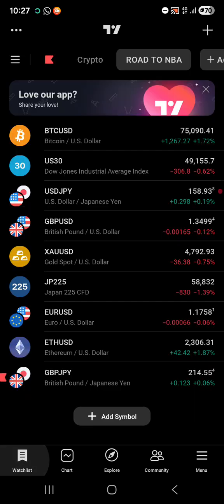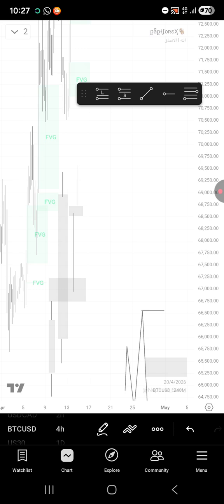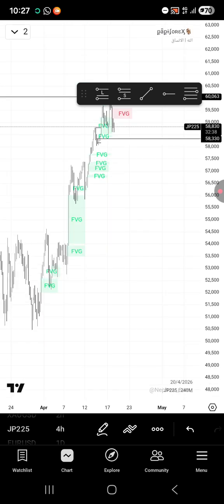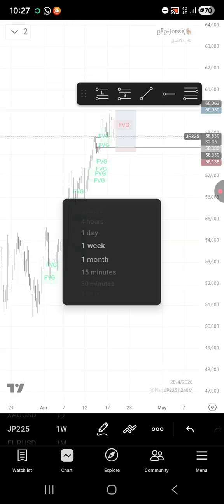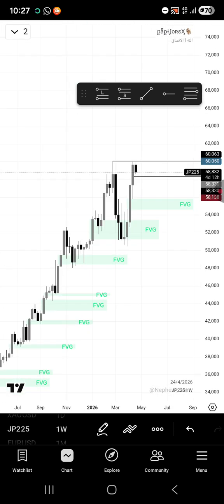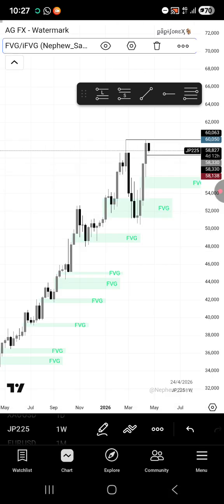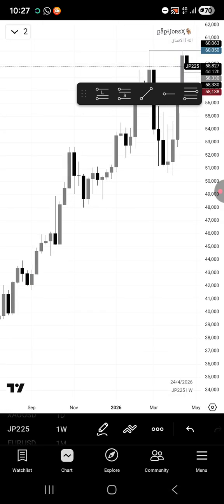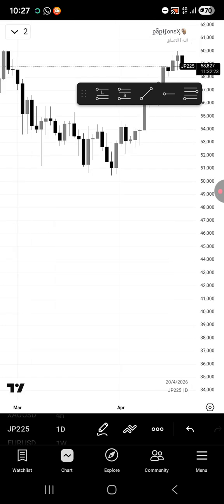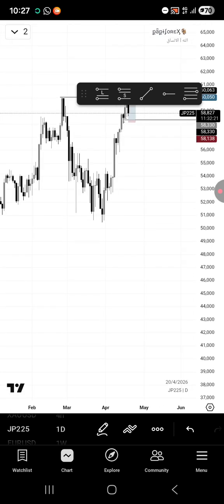Let me show you an example. I think I took a trade on JP225 last week. So, for example, now this is what I've been trying to say. Let me turn off this indicator, then on my daily time frame. So this is it.